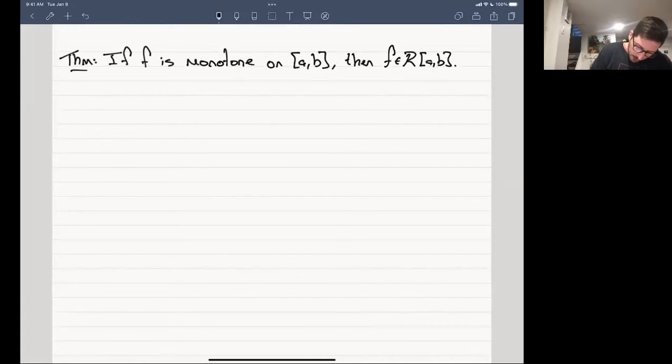Okay, so how are we going to prove this? Well, this one is actually easier to prove than the previous example, and it just comes from those monotonicity properties. So let's start by supposing f is increasing. So suppose f is an increasing function. Remember, monotone means increasing or decreasing.